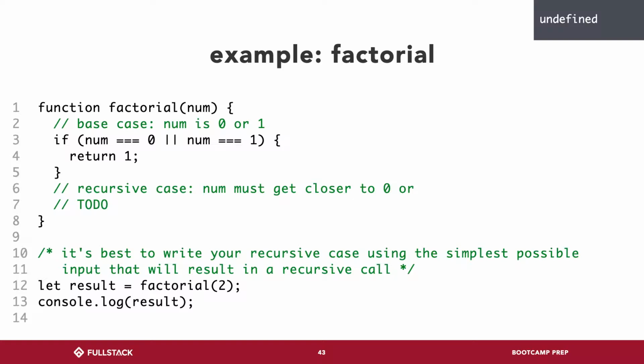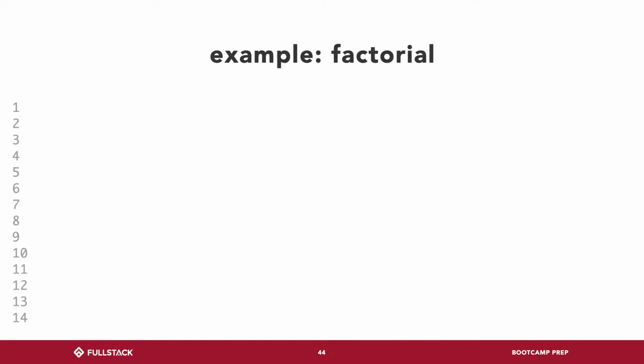Because we didn't put the recursive solution in there. All that this is doing is setting result equal to the return value of factorial of 2. 2 gets passed in. Is it 0 or 1? No, so nothing is returned, so result is undefined. So let's put some logic in this function to make 2 also work for this.